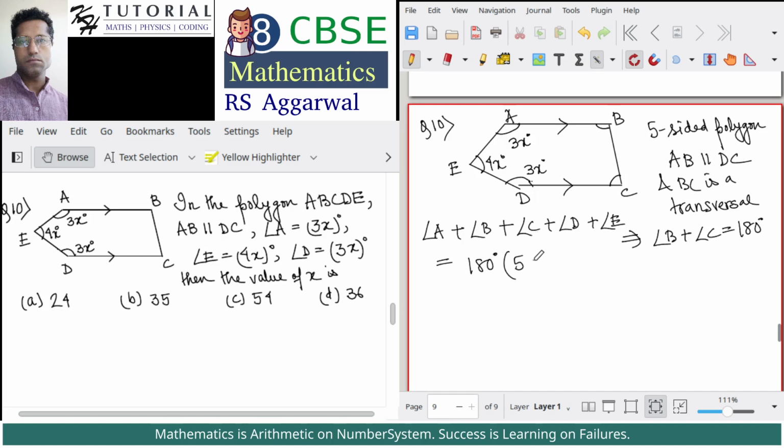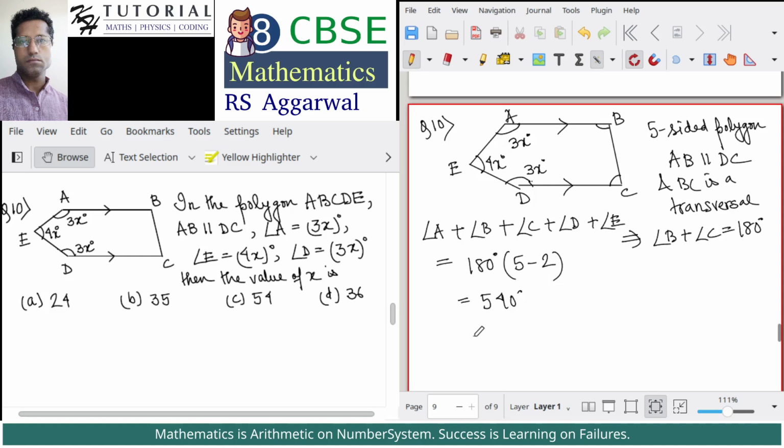So over here we have n is 5. This is the sum of all the angles of the pentagon. So this is a pentagon basically, 1, 2, 3, 4, 5. Okay. So this is equal to 540 degrees.